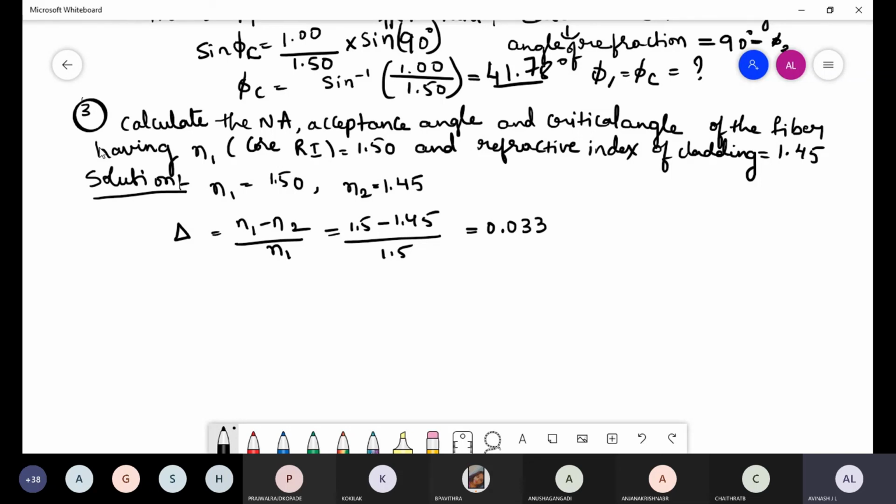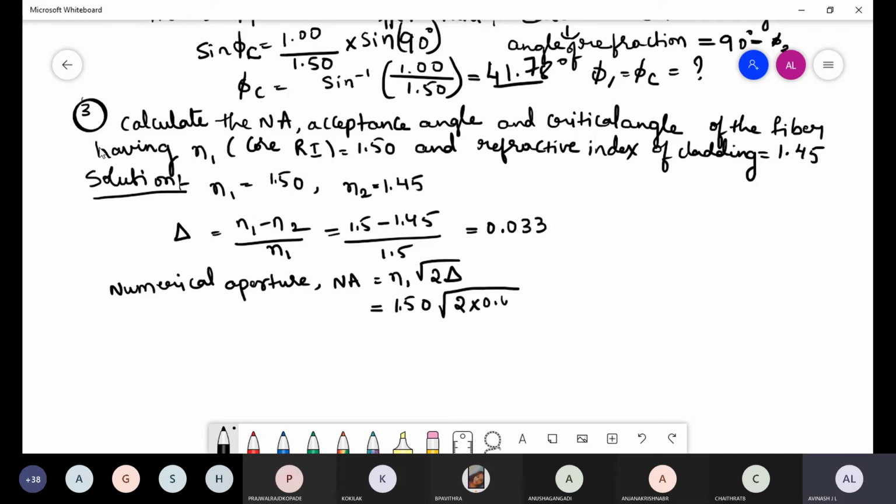Okay. So now they asked us to calculate the numerical aperture. Numerical aperture NA is equal to N1 into square root of 2 delta. So here N1 is 1.50, the square root of 2 into delta value is 0.033.